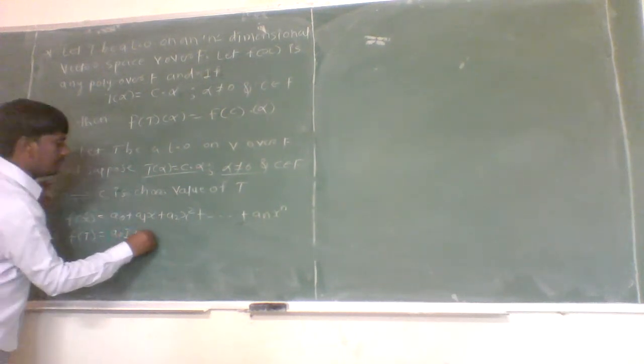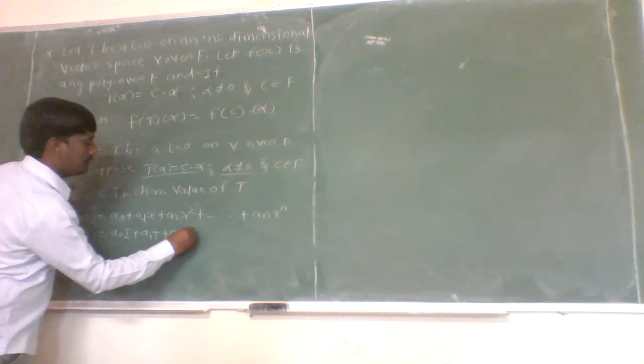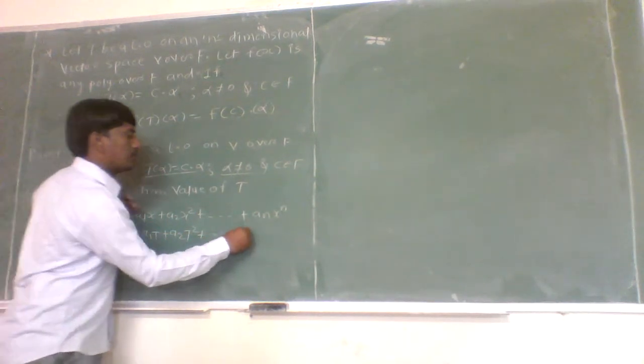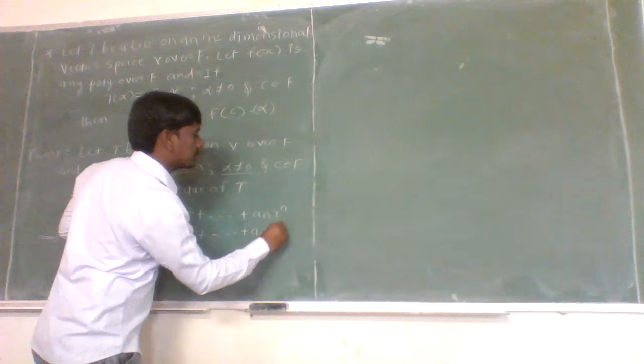From this, f(T) is nothing but a0 I plus a1T plus a2T squared plus up to so on an T raised to n.